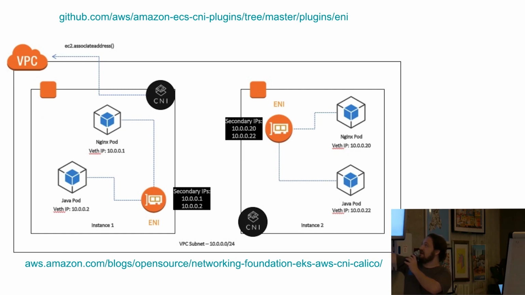One example of CNI is in ECS, where every container can receive its own elastic network interface. If you're familiar with Amazon a little bit, there's a resource called Elastic Network Interface. It has an IP address, a public and a private IP address.